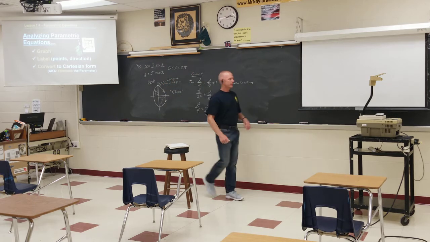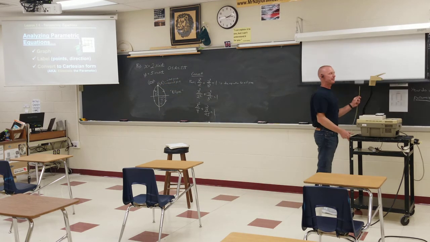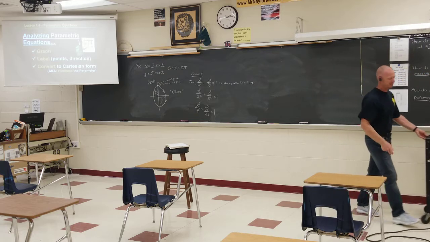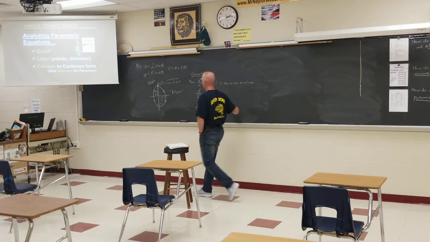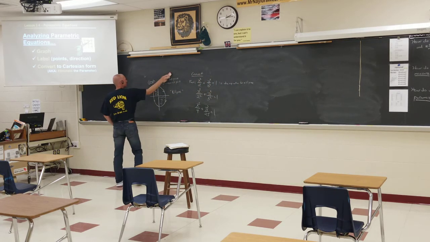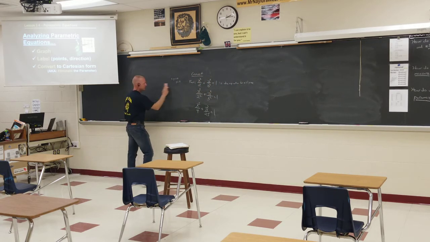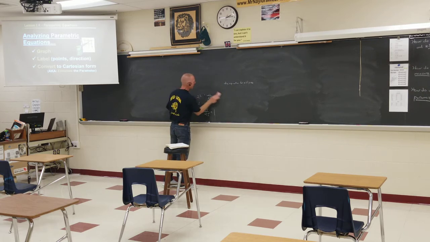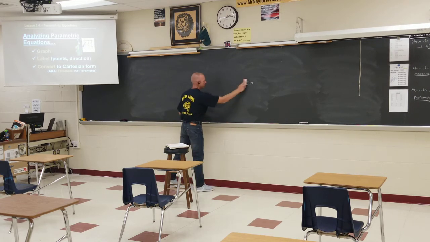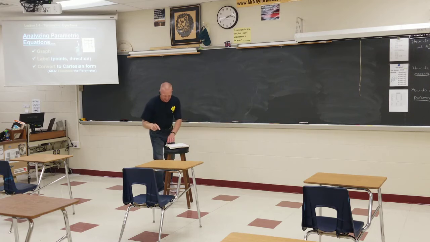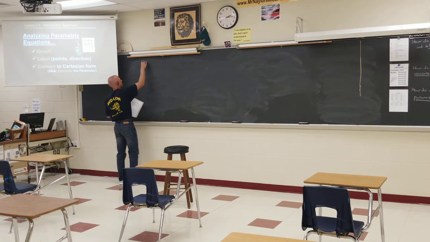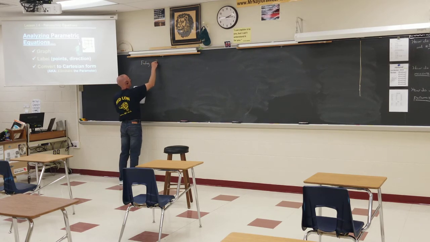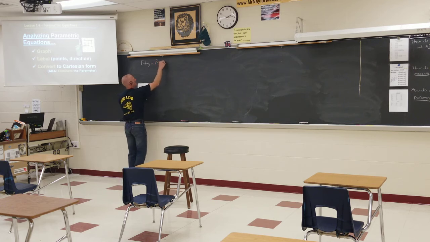All right? Now, there's one more problem that makes up this second day, and it's honestly a problem that we're going to do backwards. Now, doing a problem backwards is actually trying to create the parametric equations. Instead of eliminating, we're going to try to create. We call that finding a parameterization.